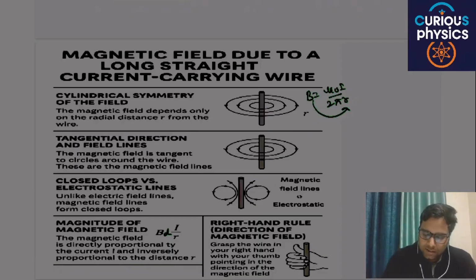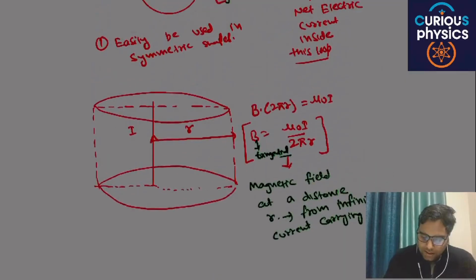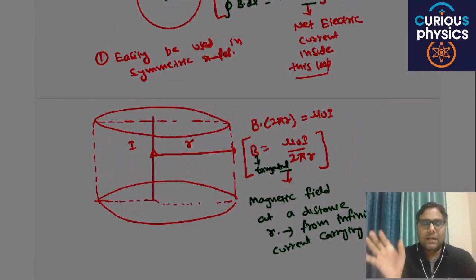For example, in this case the current is going upward, so the thumb points upward, and the curl of the fingers gives the magnetic field. These will be concentric circles.